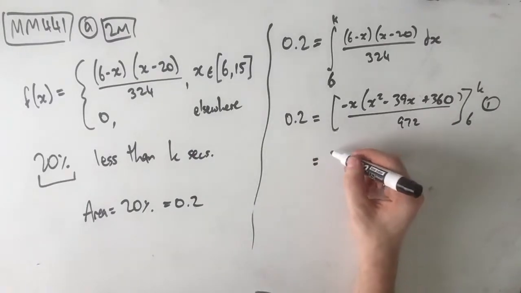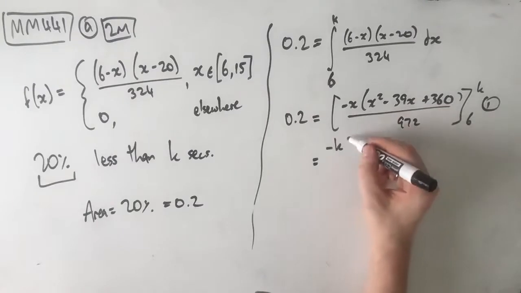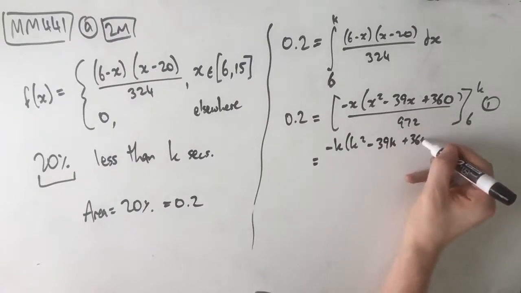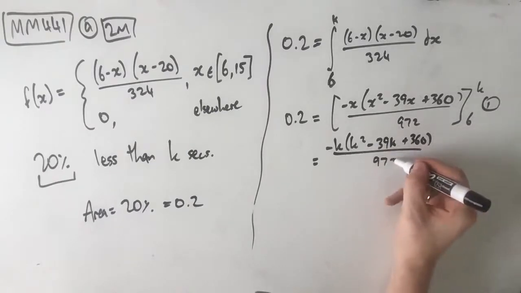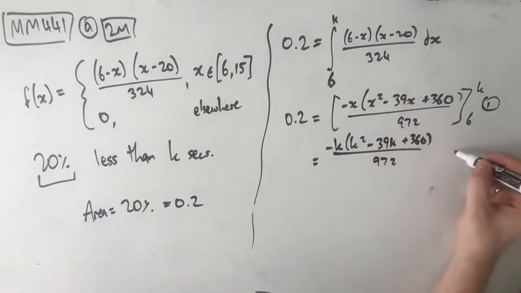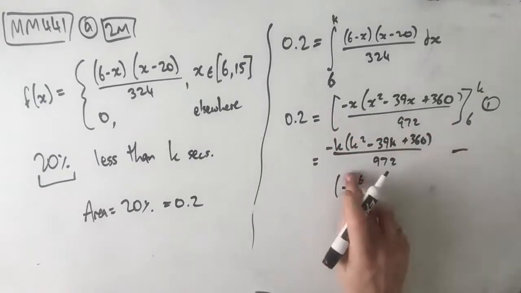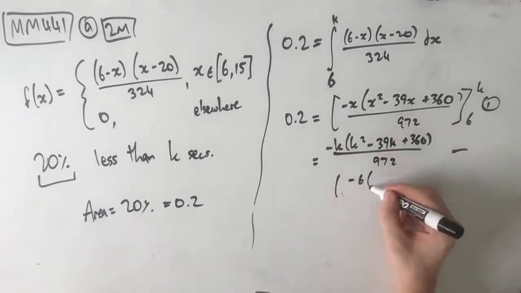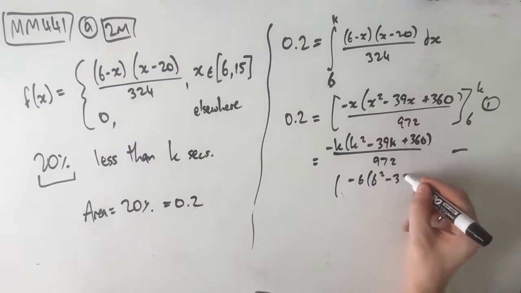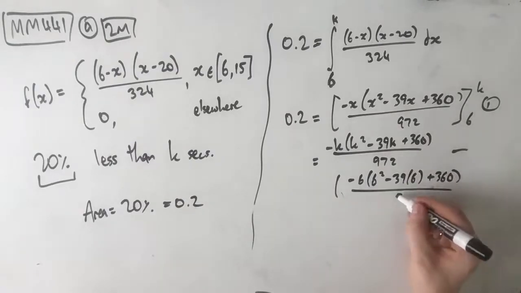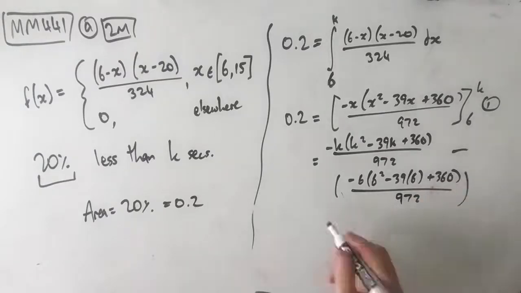Continuing to evaluate this, we sub in our k value, we get negative k outside of k squared take 39k plus 360 over 972, minus negative 6 outside of 6 squared minus 39 times 6 plus 360 over 972.